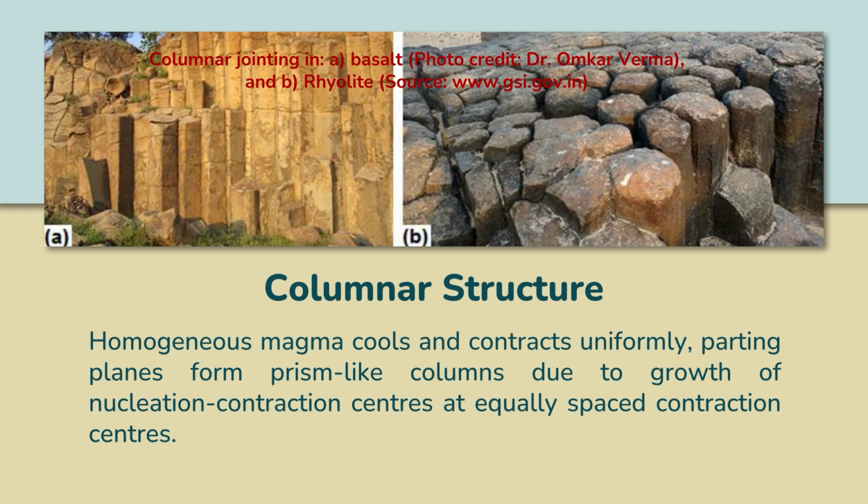These are the joints; when you view the surface from the top, sometimes it looks like a hexagonal joint pattern, with contraction and expansion, nucleation in all directions from the center, and the nucleation centers are equal.